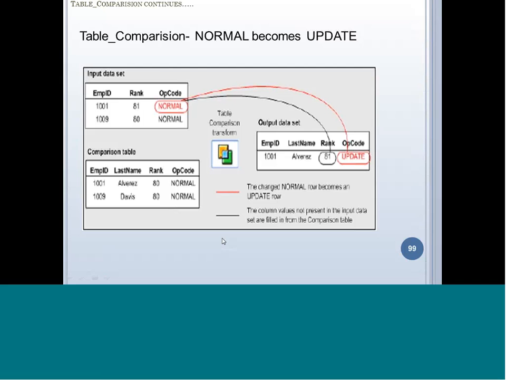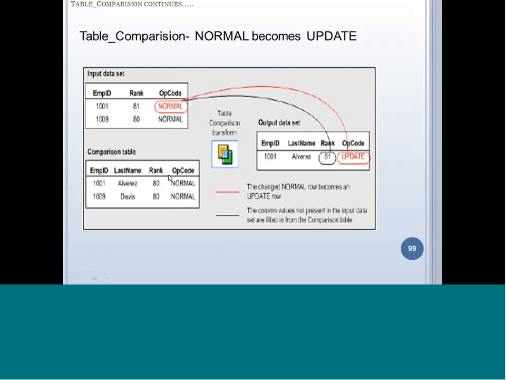Okay, got your point. If you take an example where 1001 is a primary key, that 1001 in the source will get compared with 1001 in the target. Okay? 1001 in the source is equal to 1001 in the target. Then it will compare on the rank, or else it will compare on the remaining fields you have.